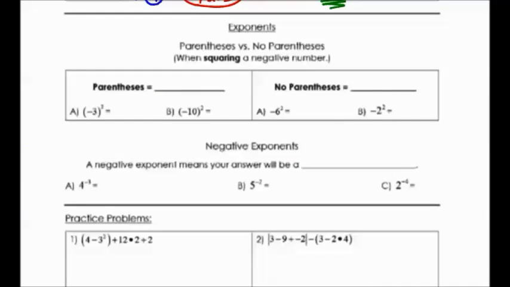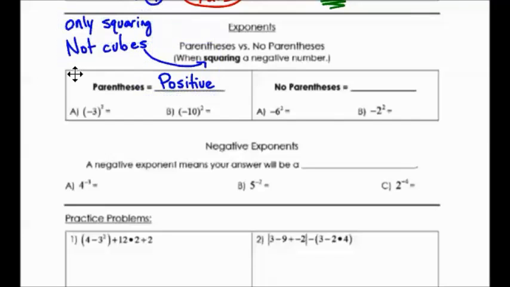Before we get into trickier order of operations problems, we have to talk about exponent rules, and especially how they interact with parentheses, and really the difference between when there are parentheses and when there's no parentheses. So when you're squaring a number, when you have an exponent of 2 on a set of parentheses, your answer will be a positive number. That is only when you're squaring a number, not when you're cubing a number.